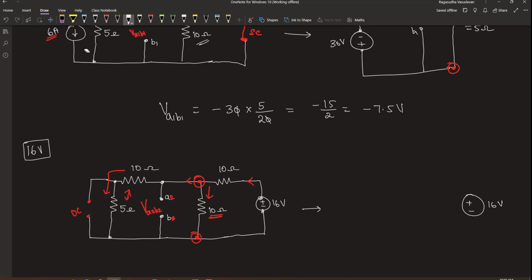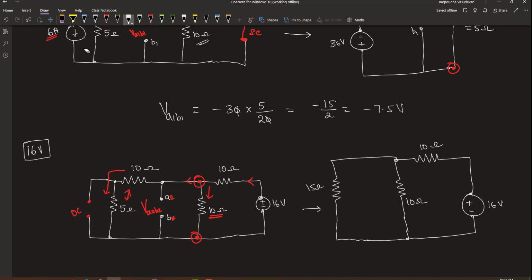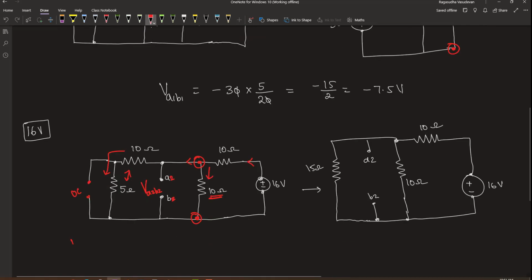We'll have a 16 volt source in series with this 10 ohm resistor, and now we have a parallel combination of 15 and 10 ohm across the terminals A2 and B2. So this voltage VA2B2 is the same as the voltage across the 10 ohm, which is the same as the voltage across the 15 ohm.